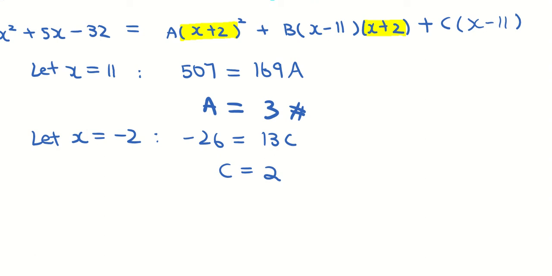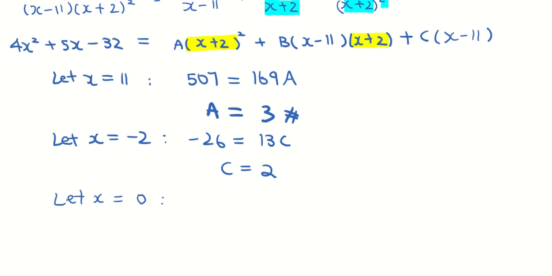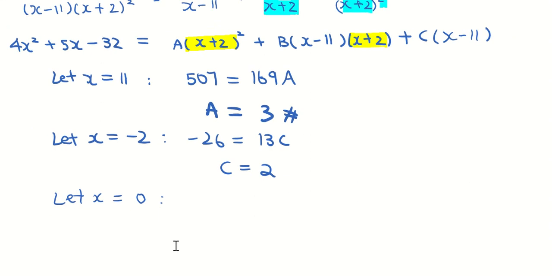Now, the last one is how do we find B? Okay, to find B, we will just need to sub a value of x other than 11 and negative 2. For me, personally, I like to use 0. Because 0 is quite an easy number to work with, we can eliminate some of the terms in the equation. If I let x be 0, you will get negative 32 equals to 4A minus 22B minus 11C.